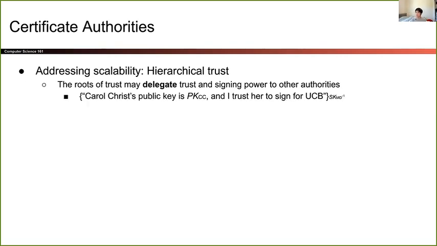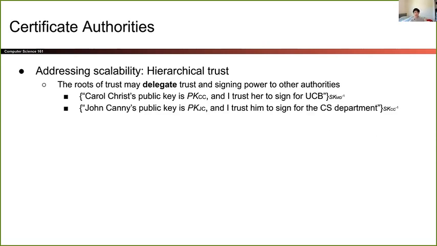So the certificate authority, let's just say MD is still the root of trust here. He can say, I trust Carol Christ, whose public key is PKCC, and I trust her to sign for, say, the entirety of UC Berkeley. So MD has not just verified Carol Christ's public key here, but he's also stated, I delegate trust for her to sign for other keys.